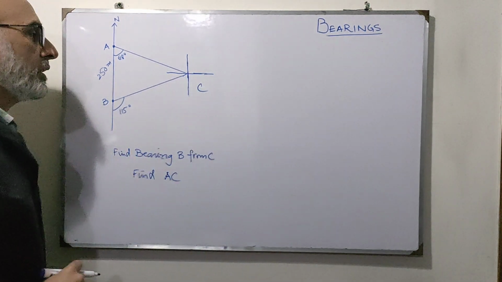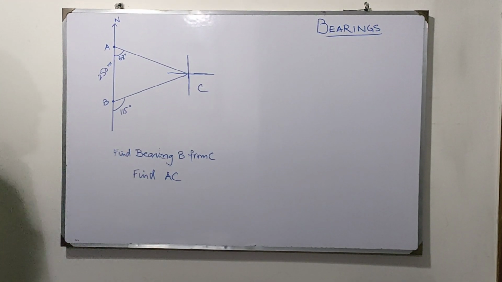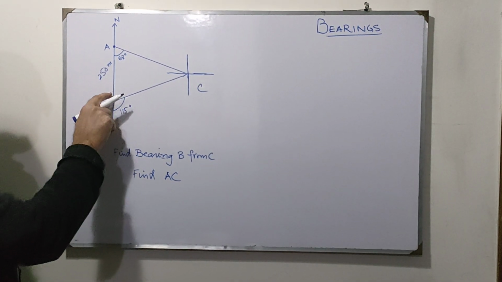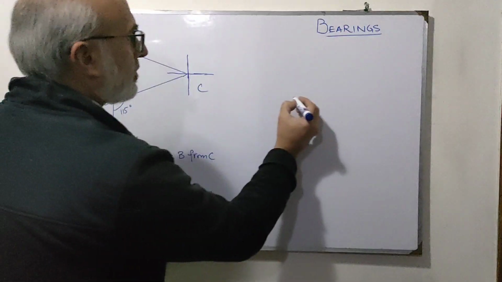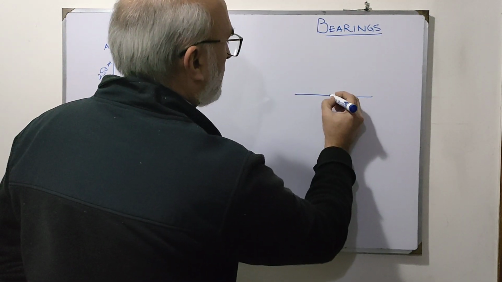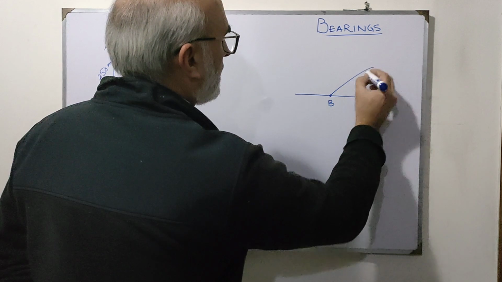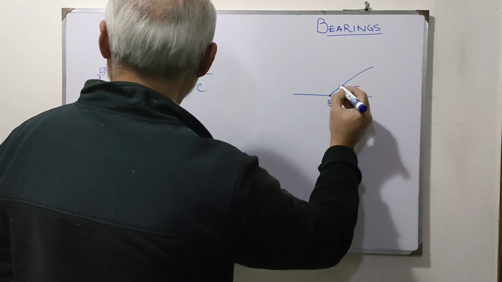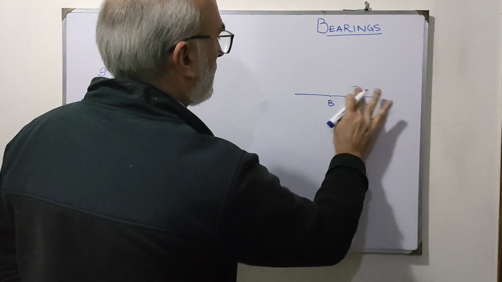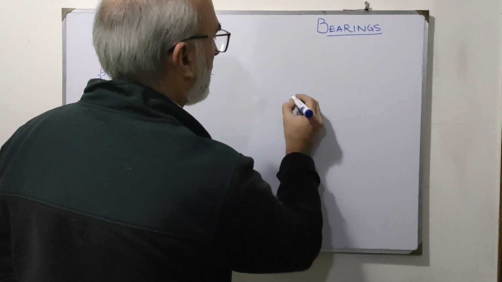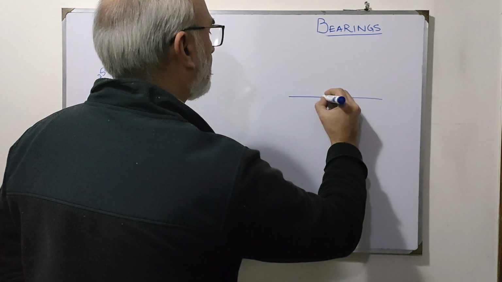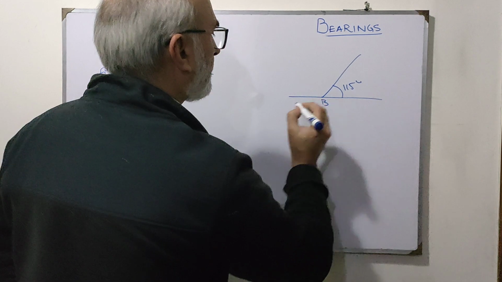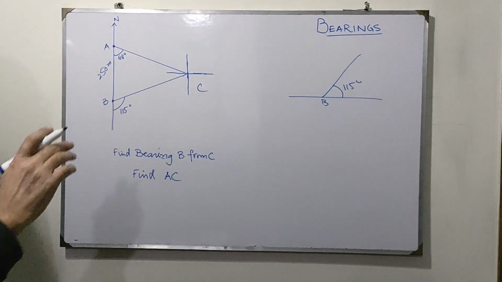We are doing this for C. Now, the first thing: if we consider this point B, on this point B we have this angle, 115 degrees.